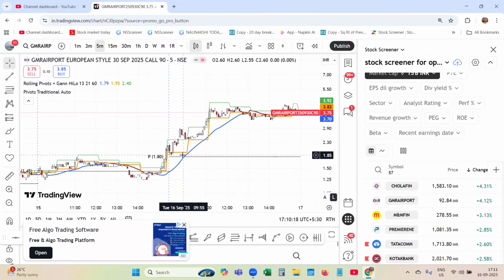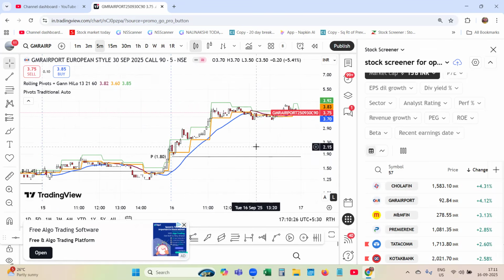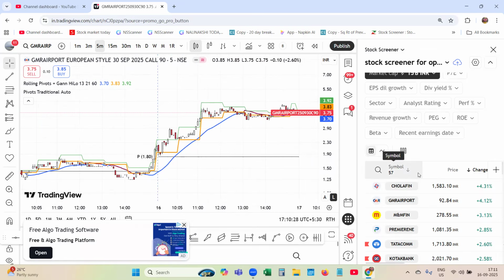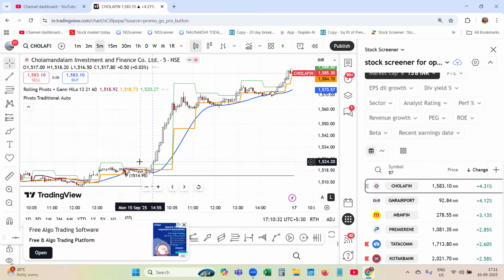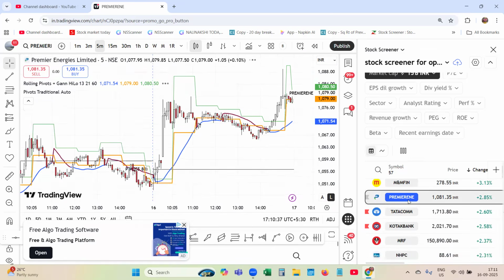This is a super indicator which has been created by me by constant effort, and you can utilize this screener for stock options also. You can see Cholamandalam Finance, you can go for that. And Premier Energies, Tata Communication.